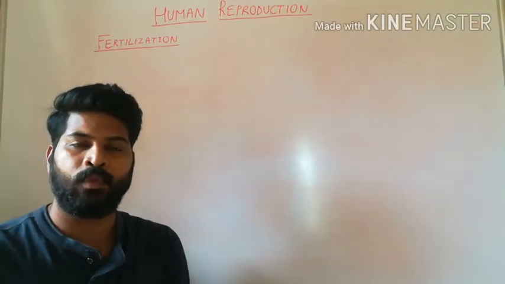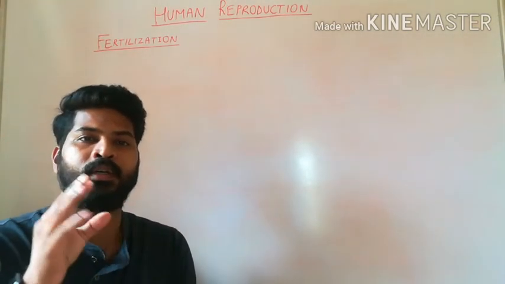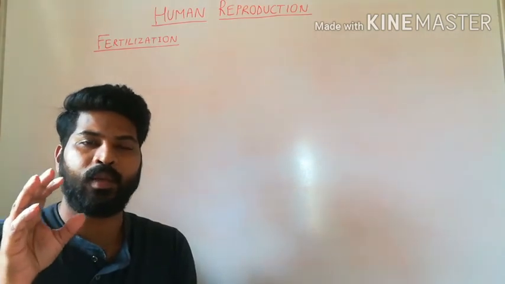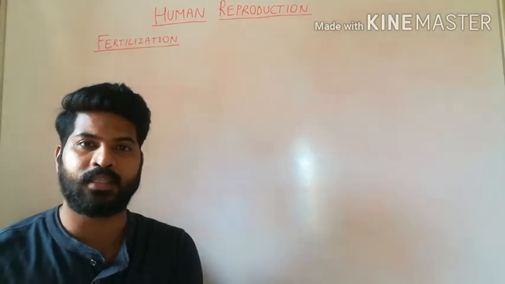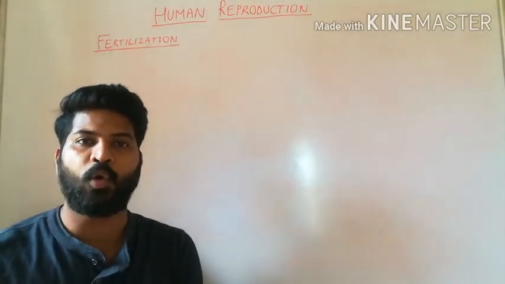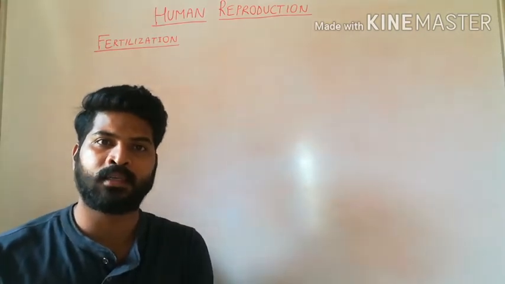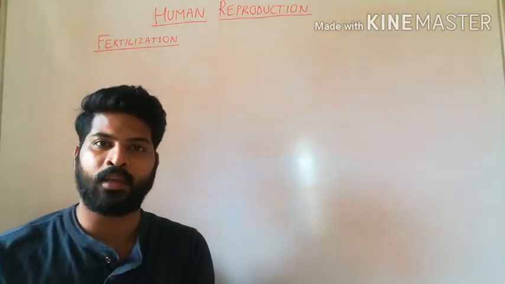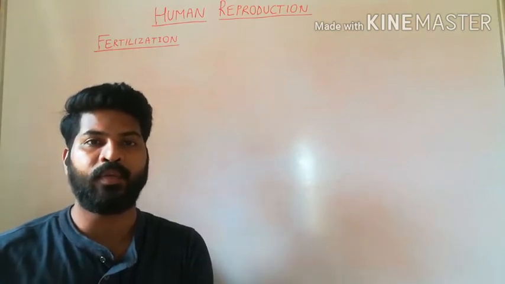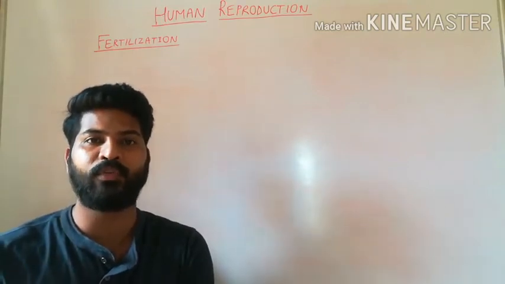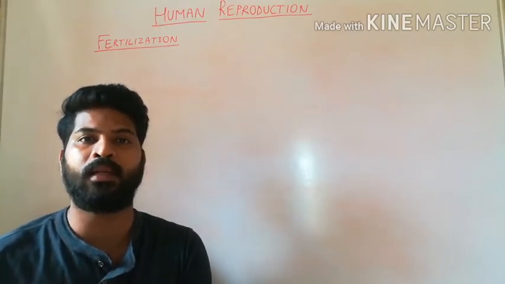This ovum will then be transported through the fallopian tube and it will be present near the ampullary junction of the oviduct. The human ovum has a lifespan of 24 hours, meaning if it is not fertilized within 24 hours, it will soon lose its viability.